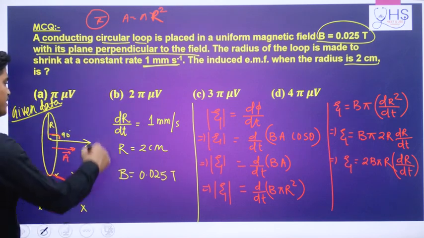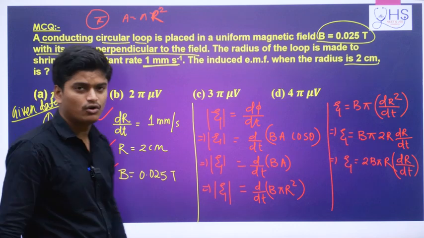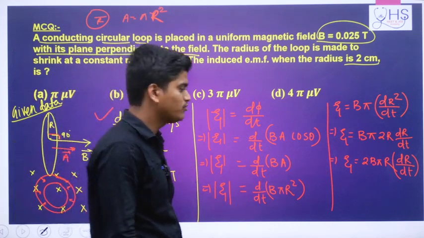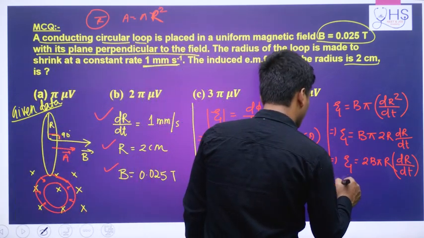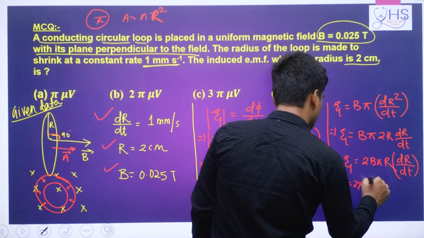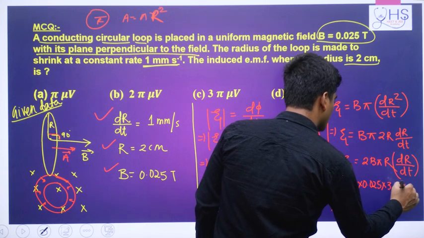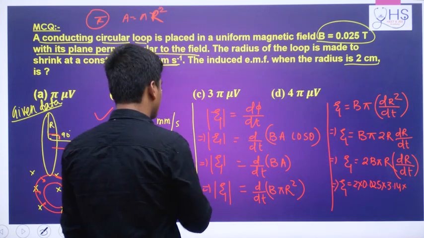So this is my EMF. Now everything is given here: dR by dt is given, R is given, B is given, and 2 and pi we know. So now substitute everything: EMF equals 2, B value is 0.025, pi, and R value is given as 2 centimeter.